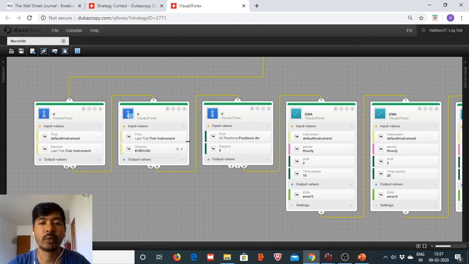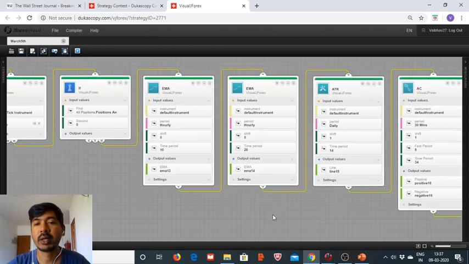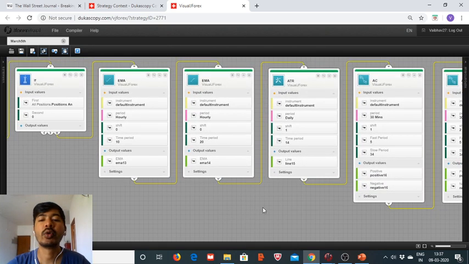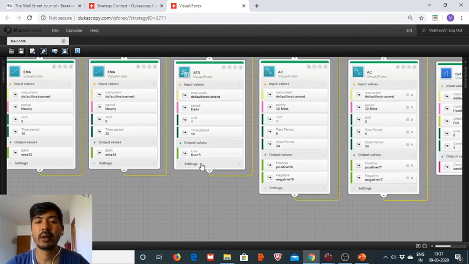This is the standard instrument subscription, and then we have defined the position requirement to be 0 so that the trade happens only when there is no current position open or pending on the account. This is EMA, 10 EMA and 20 EMA. The ATR is defined at shift 1, yesterday that is, and the time period is 14.